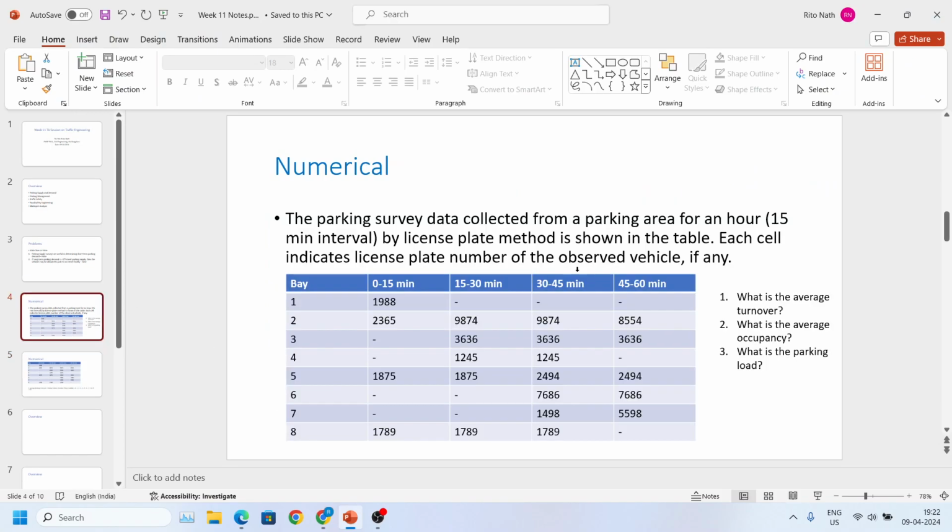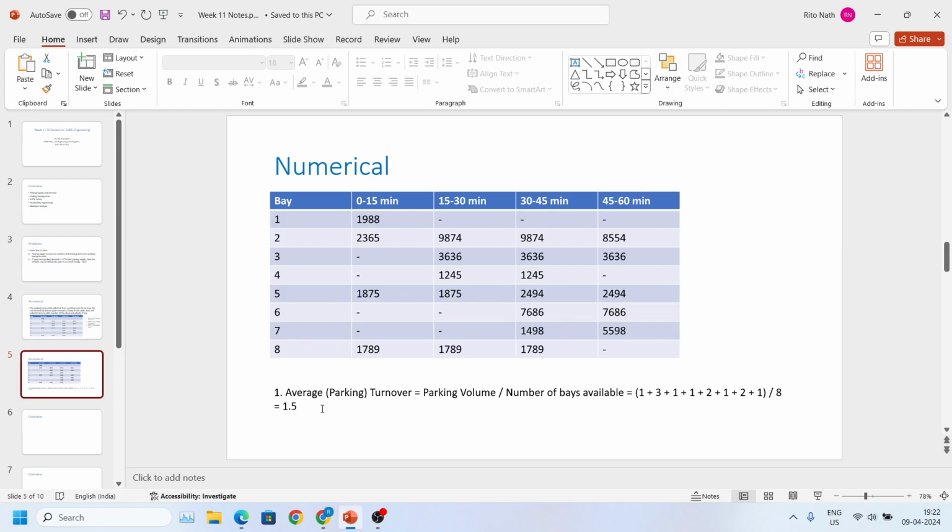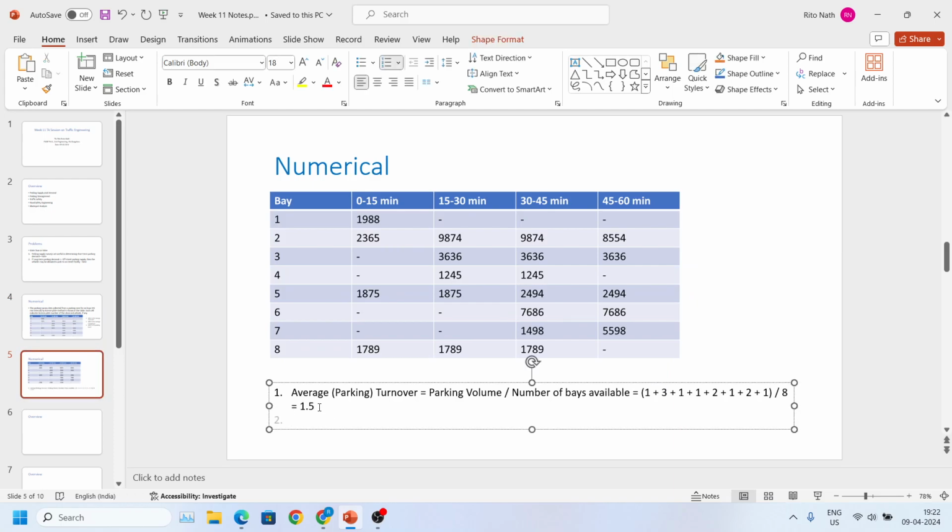So the next problem has the same data, but you are asked about average occupancy. So for that, let's write it here as well. So for average occupancy, the formula is the sum of all the occupancy divided by the total time intervals that you have.